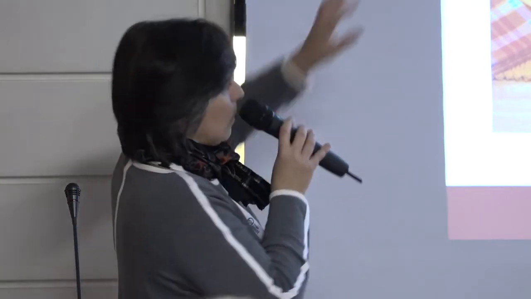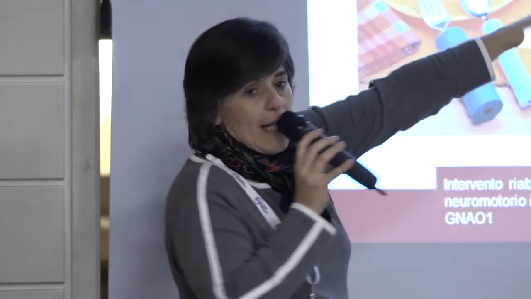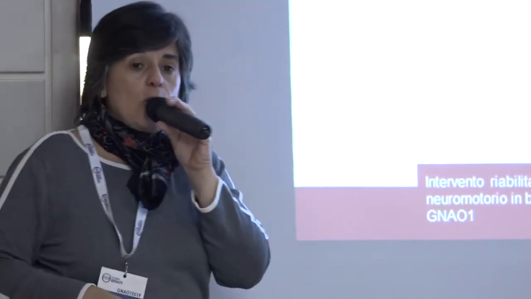If we want the child to be amused, to be entertained, then the toys that we propose must be adapted to the child. There are so many different materials that can be used, stickers, tubes. So let's try to understand what objects are of interest for the child, and then let's modify the object so that it can be grabbed, it can be used.